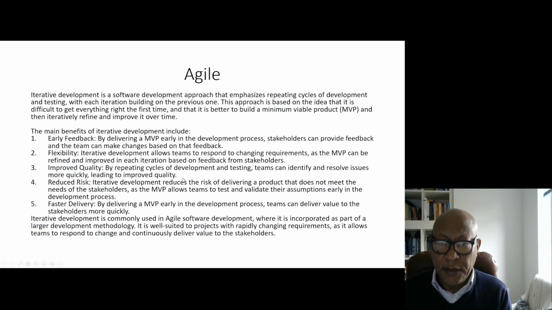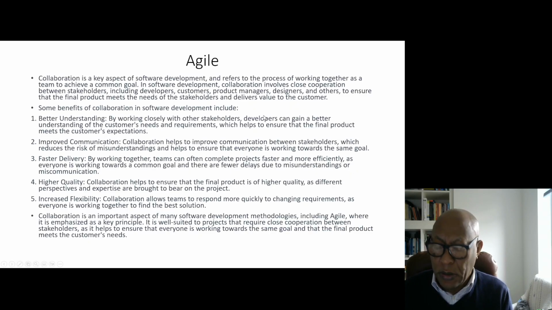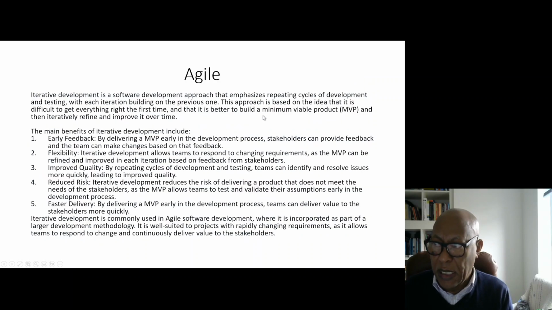So this is the iterative software development approach that involves a repeating cycle of development and testing. What you're going to do is first build a minimum viable product, MVP, and then iteratively refine and improve it over time.